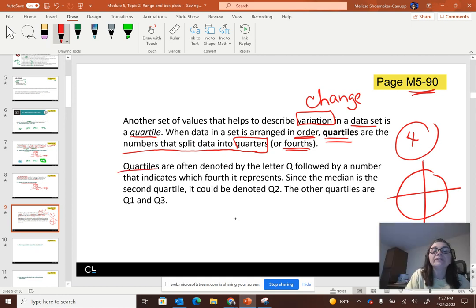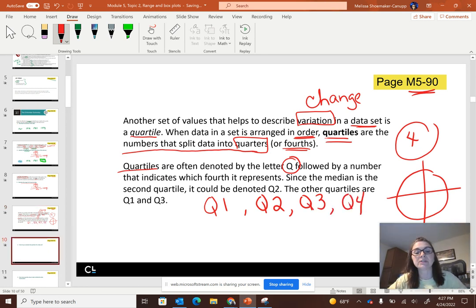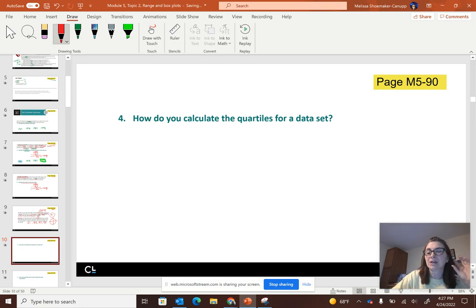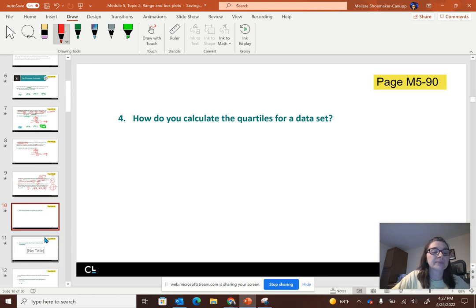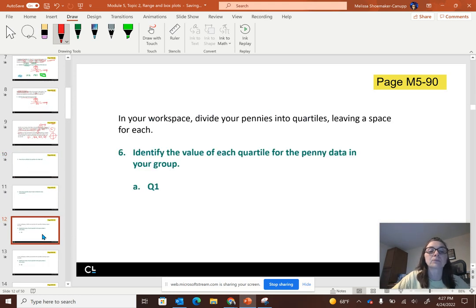Quartiles are often denoted, meaning they show you with a Q. So Q1, Q2, Q3, or Q4. Okay, so we're kind of learning foundational skills and vocabulary. Okay, now how do you calculate the quartiles for a data set? We'll get there, but I want to move on. Okay.